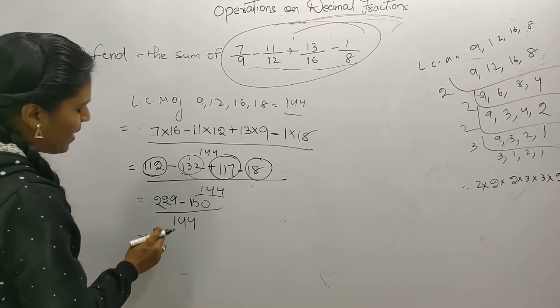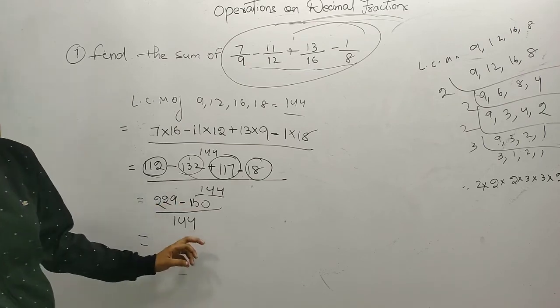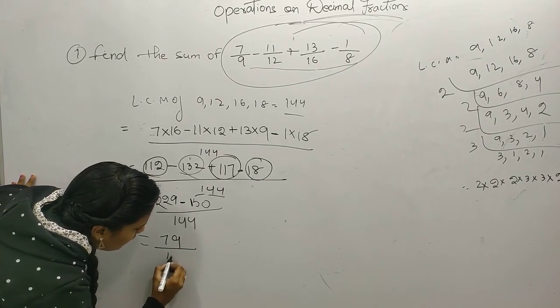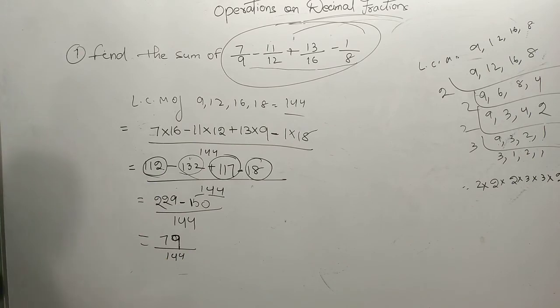By subtracting, 229 minus 150, what answer will you get? 79 by 144. The last value is 79 by 144. This is the answer. Okay.